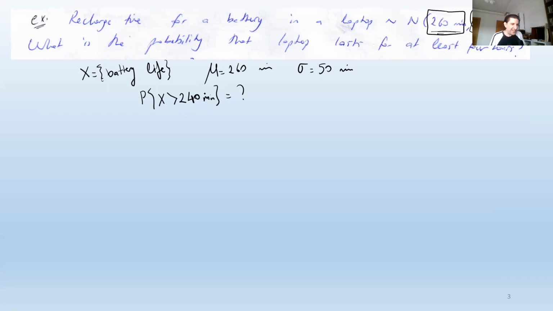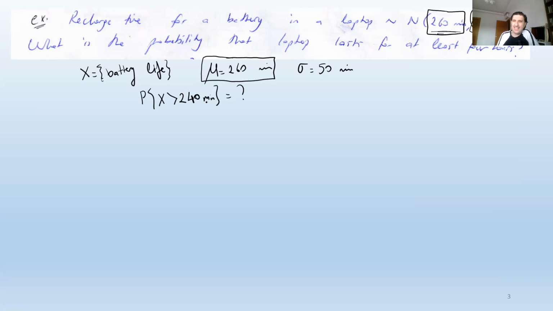So what can we say immediately? The resulting probability should be greater than 0.5. Can you see that? The idea is simple, because this is the mode and also the median of the normal distribution. And we are talking about some values smaller than this on the left-hand side of this distribution.